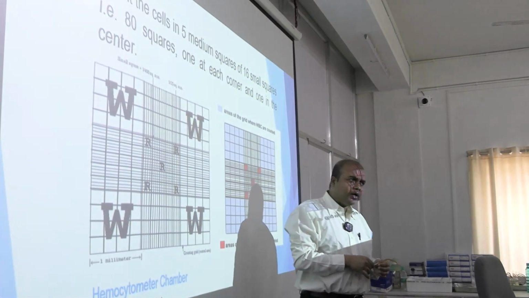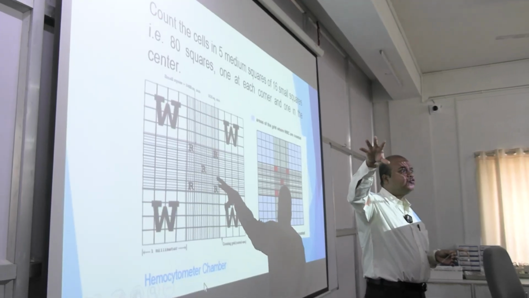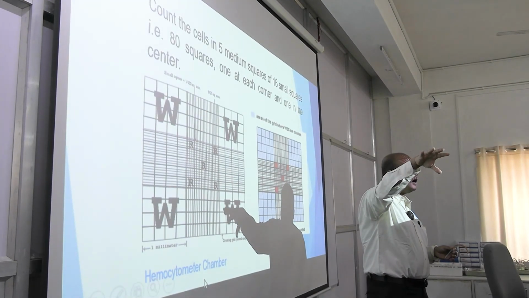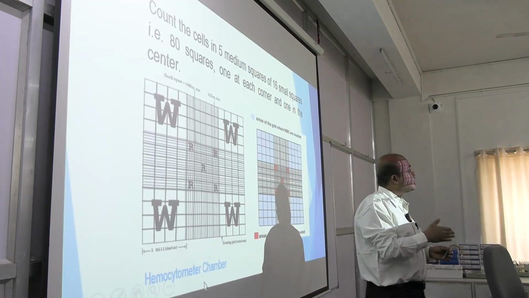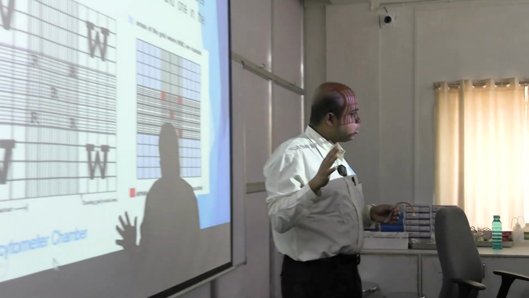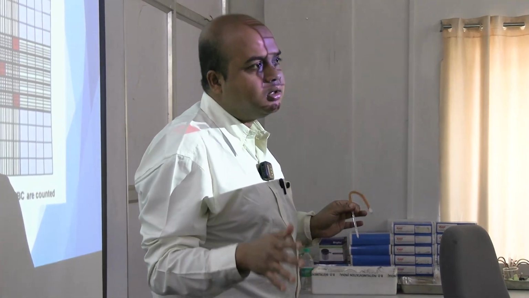So it is diluted 20 times for WBCs. So when we write, 1 millimeter cube of the diluted blood contains 5x by 2 number of WBCs. My purpose is to find out the number of cells in 1 millimeter cube of the undiluted blood sample which was actually taken for the experiment.